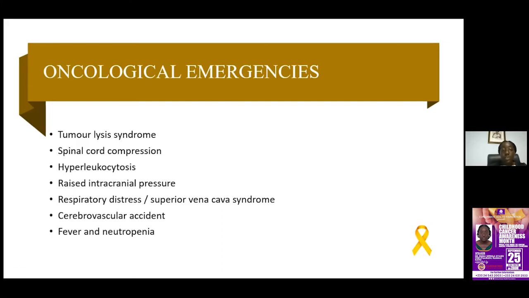But if the child is febrile, the child is pale, they will come to the hospital. So there are certain oncological emergencies that present to our facility, and that will be the point at which we may even get to diagnose these children. So it's important we take note of these, and when we see them at our facilities, after we've managed, we refer to the appropriate healthcare facility to investigate and subsequently treat if there is a malignancy.